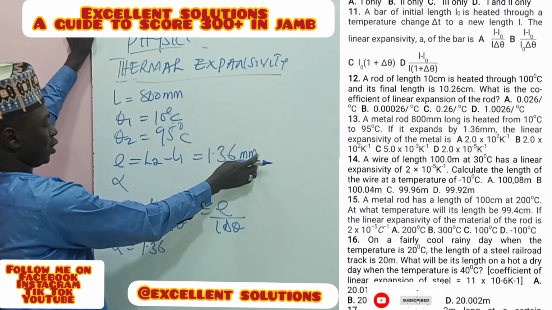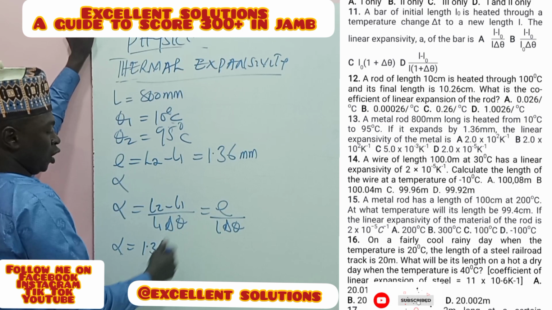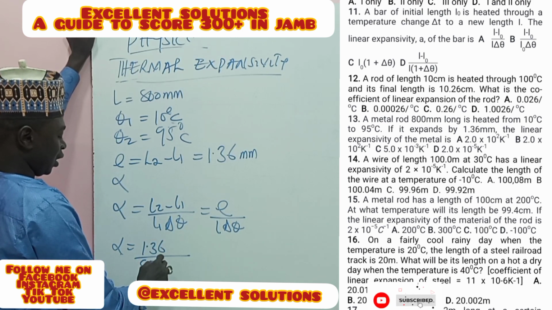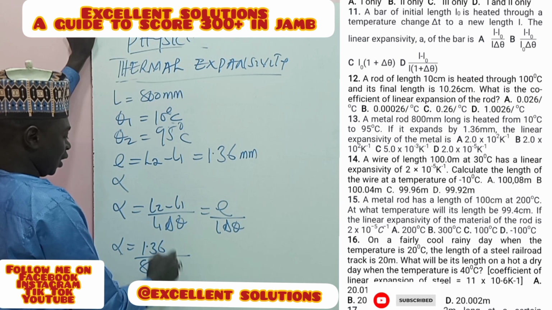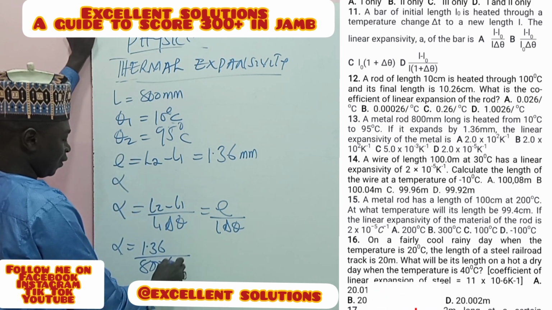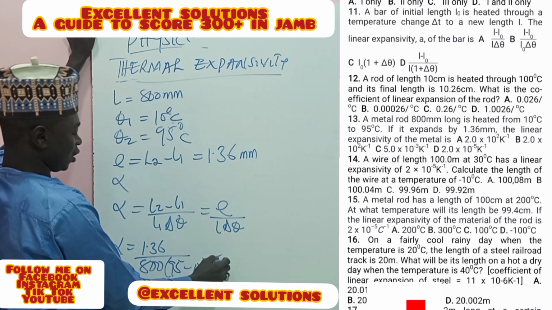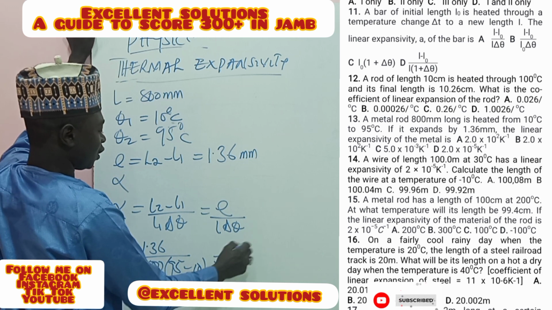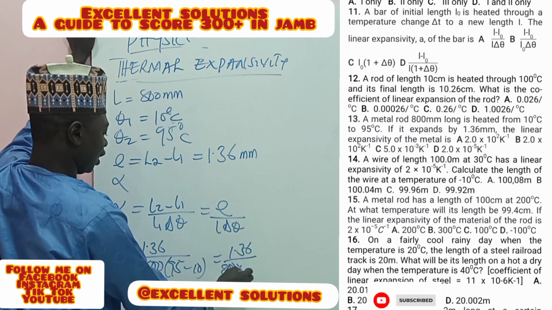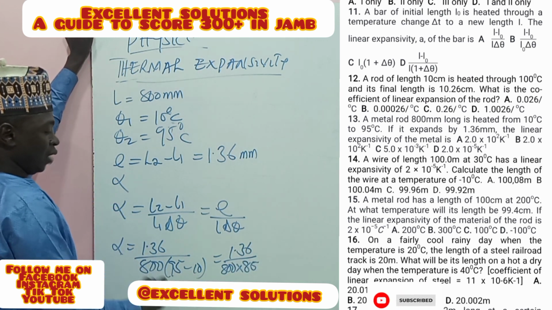This we don't need to turn into meters because this one is in millimeter, this one is also in millimeter, they will cancel. So divided by 800 open bracket, our theta 2, we have 95 minus our theta 1, which is 10. So this now gives us 1.36 divided by 800 times 85. 95 minus 10, we have 85.